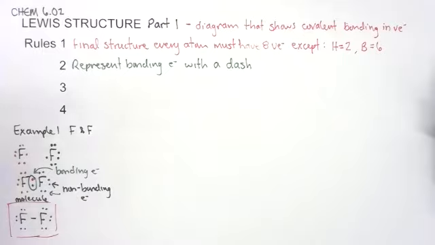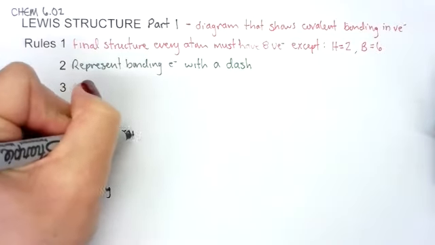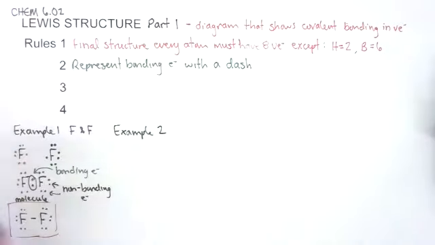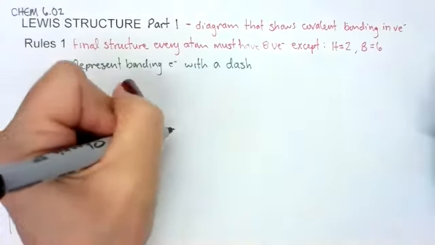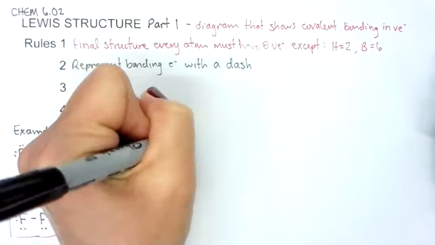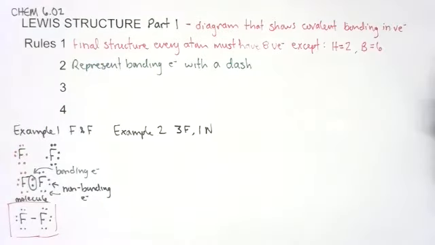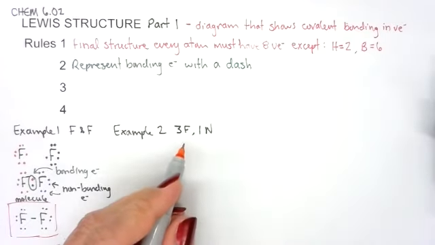All right, let's start with a second example. Let's go with example 2. What if I'm going to bond together 3 fluorine and 1 nitrogen? How do I even know where to begin? Rule number 3 is that we have to put together a skeleton.